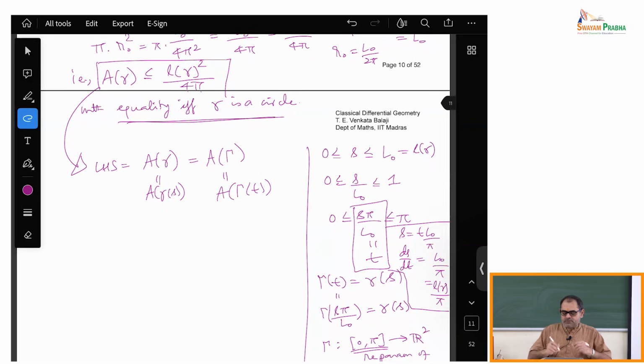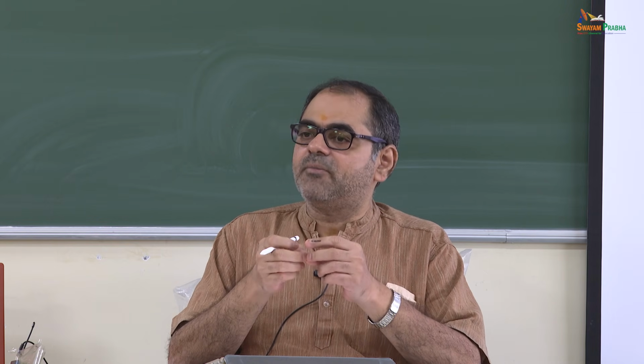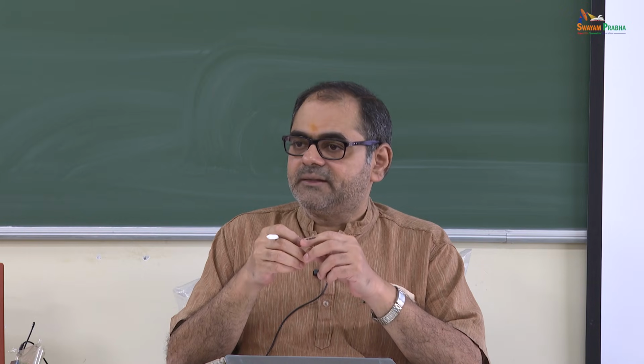So you have a closed curve. I am going to think of only this small t as a parameter, varying from 0 to pi. 0 is the starting point, pi is the ending point, and they are the same because it's a closed curve. I am going to assume that the starting and ending point are the origin, because to apply Wirtinger's inequality you need a function which vanishes at the endpoints of the interval.